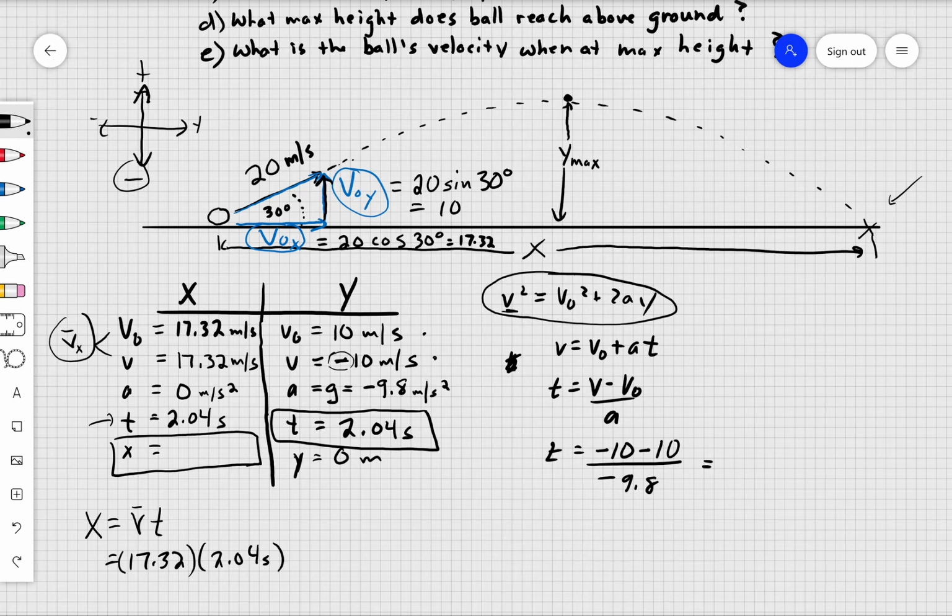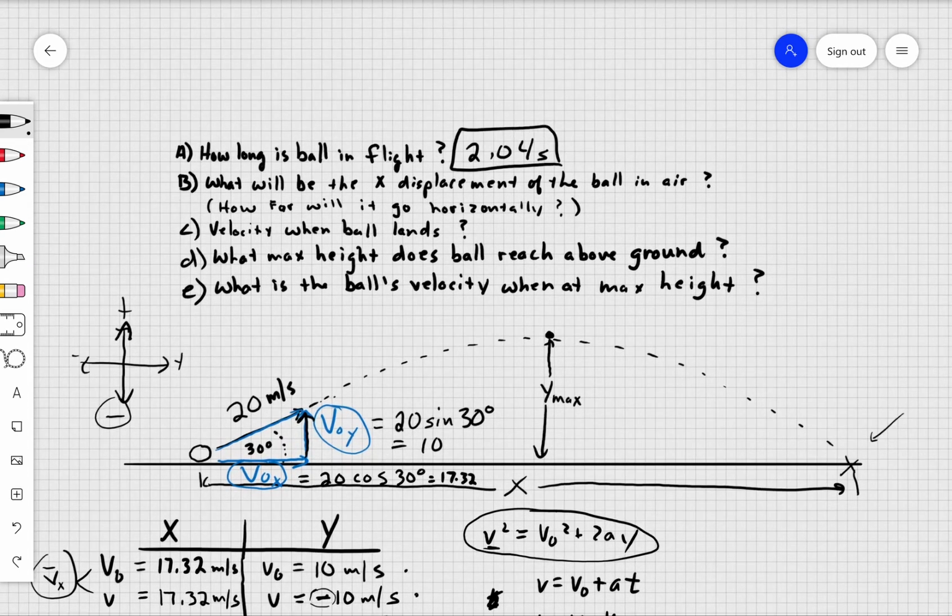It's about 35.3 meters. So now we know 35.3 meters was the x displacement.